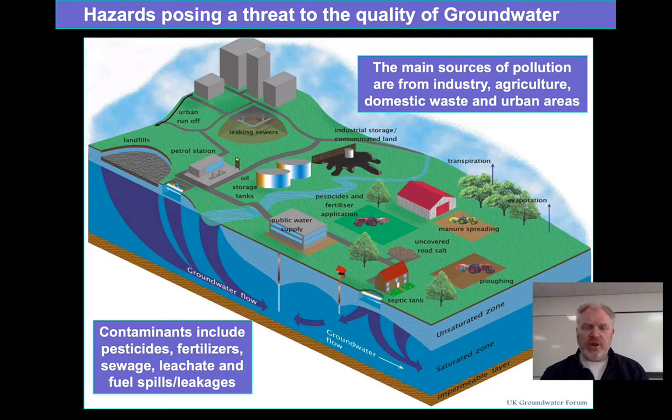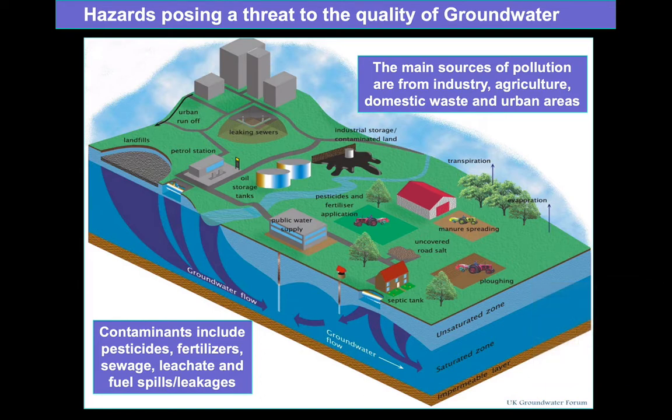The materials that can go into the ground and contaminate it are very broad. Pesticides, fertilizers, sewage, leachate, petroleum, chemicals, all sorts of different materials, each of which will pose its own particular hazards.